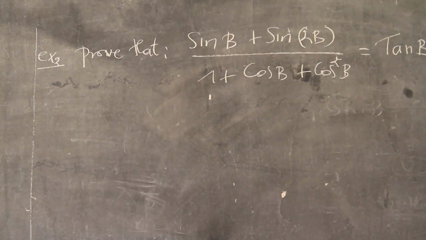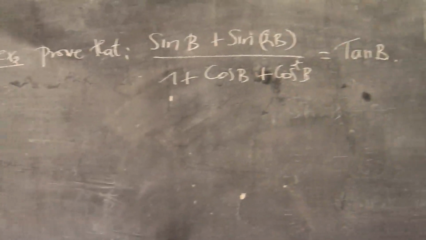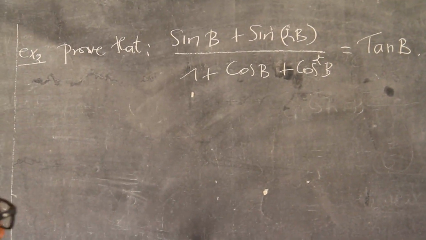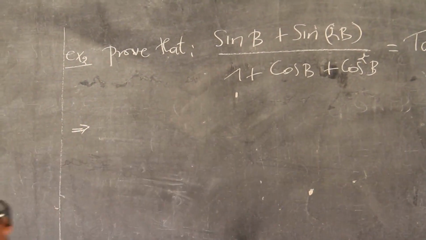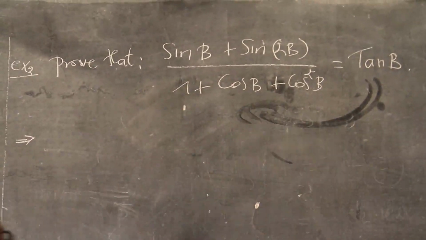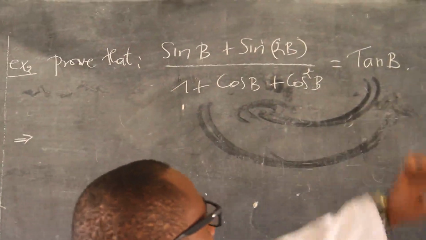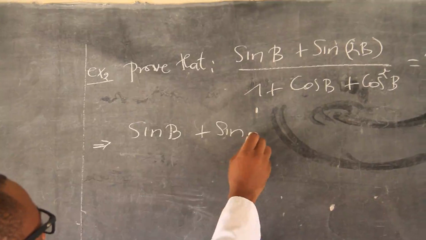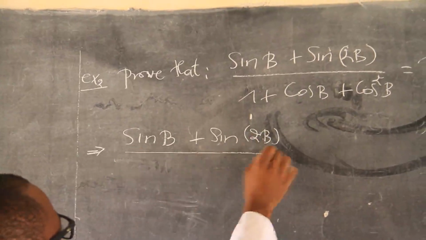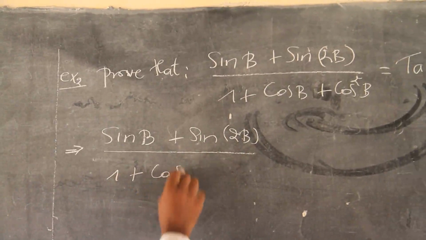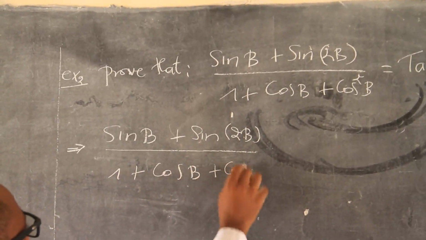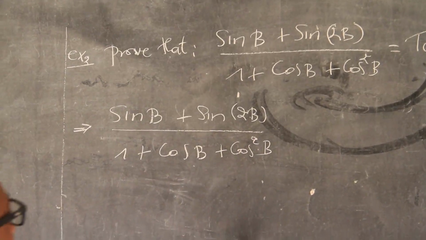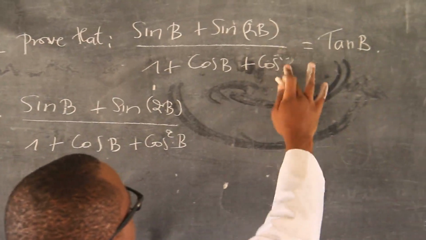All right. So this is example 2. Prove that sine B plus sine 2B over 1 plus cos B plus cos 2B is tan B. To begin by tan and reach here can be very difficult. Let's begin here to go to tan. Sine B plus sine 2B over 1 plus cos B plus cos 2B.